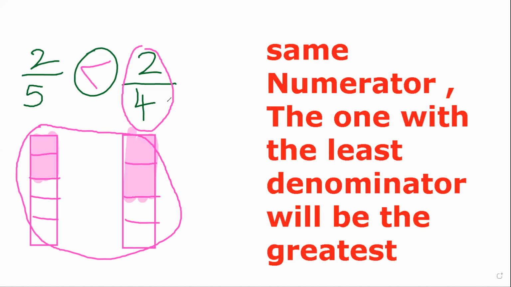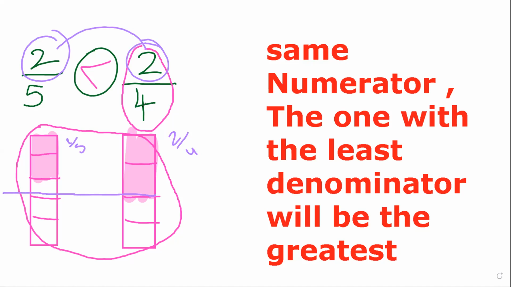So the one with the least denominator is the greatest if we have the same numerator.